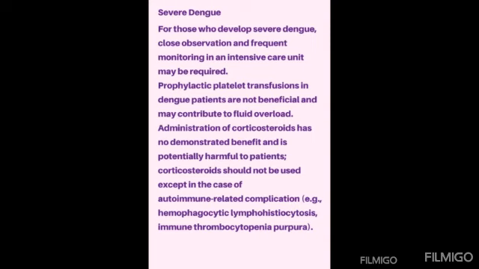Administration of corticosteroids has no demonstrated benefit and is potentially harmful to patients. Corticosteroids should not be used except in the case of autoimmune-related complications, for example, hemophagocytic lymphohistiocytosis or immune thrombocytopenic purpura. These are the treatment modalities for dengue.